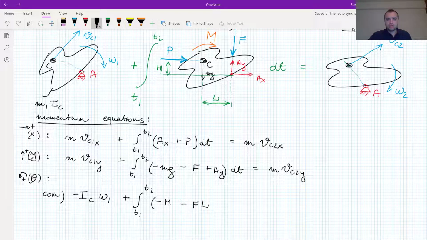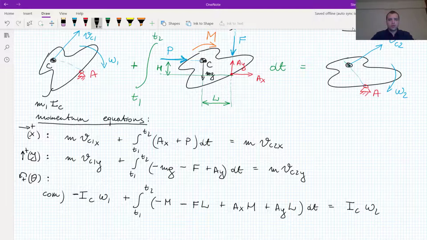And now we have Ax and Ay rotating. So we will have Ax times h, and it rotates in a positive fashion, right? And Ay as well, Ay times L. Okay, so this is our rotational impulse, and this will be equal to IC omega2.